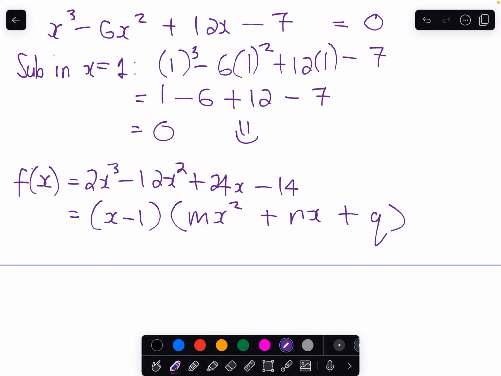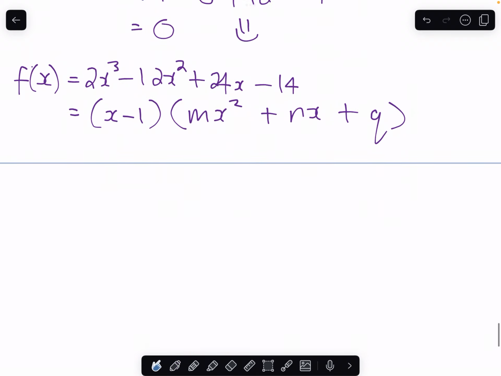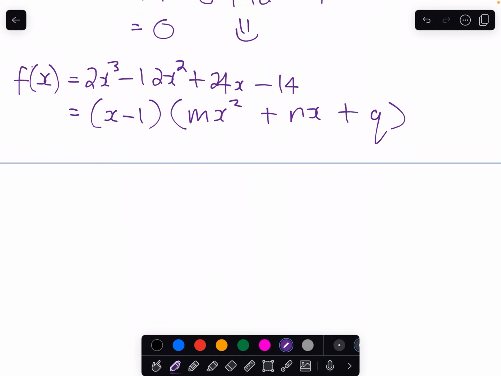And I mean, if we do this whole multiplication, and I've shown this a couple of times, but let's do a whole job of it.